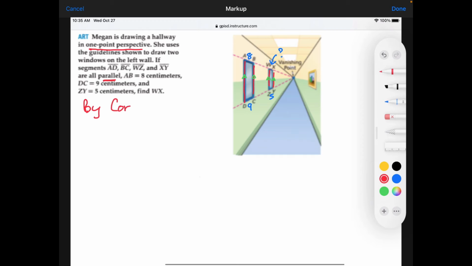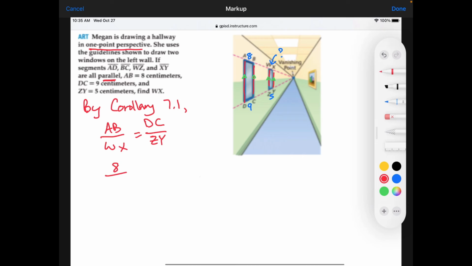So by corollary 7.1, if we have these parallel lines, we can then say AB corresponds to WX, and we can compare DC with it being proportionate to ZY. And that's what the corollary says, that those should be proportionate to each other. So now I'm going to replace the letters with the numbers that were given.